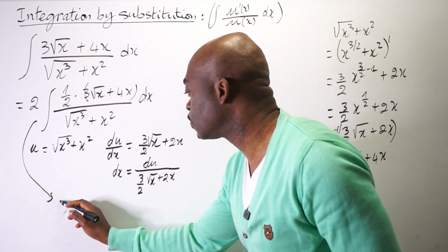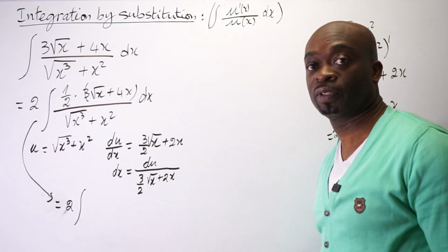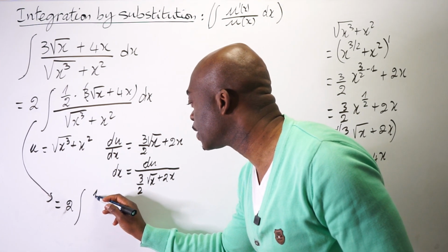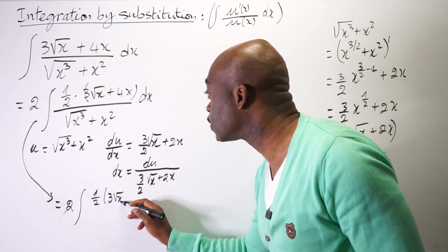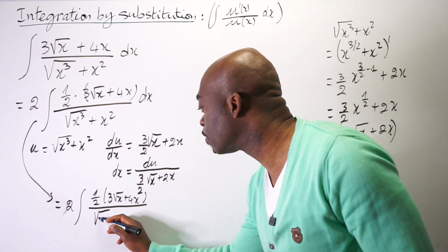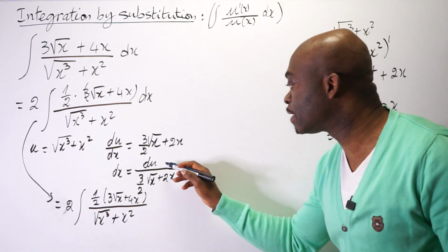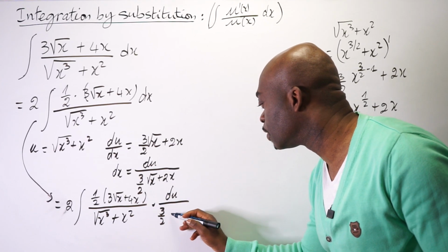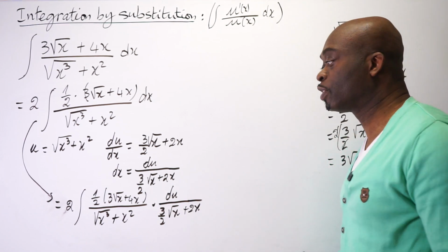So this would be equal to 2 times the integral of, the top expression is half times 3 square root of x plus 4x, over the bottom expression, the square root of x to the third power plus x to the second power, times dx. And dx is du over 3 over 2 square root of x plus 2x.